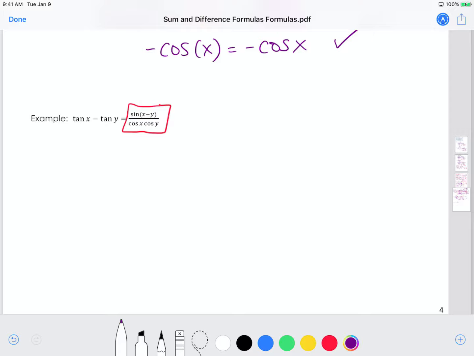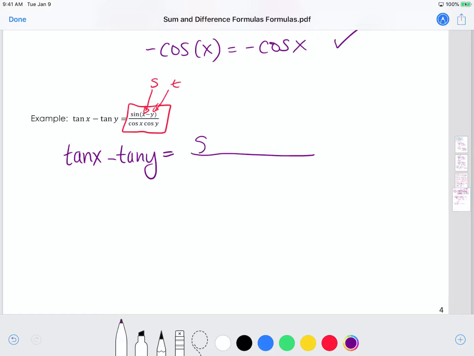So I'm going to use my formula for the difference of angles for the sine function. I'm going to rewrite this fraction using, in the numerator, my sum and difference formula for sine. Think of x as your s and y as your t.